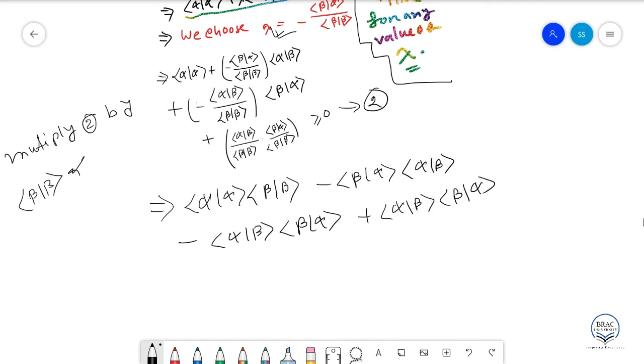And here I'm sorry, I forgot to write down a beta beta term. Because of multiplying with beta beta, we will finally have alpha beta beta alpha, which is equal or greater than 0. Sorry, I wrote the same thing twice.